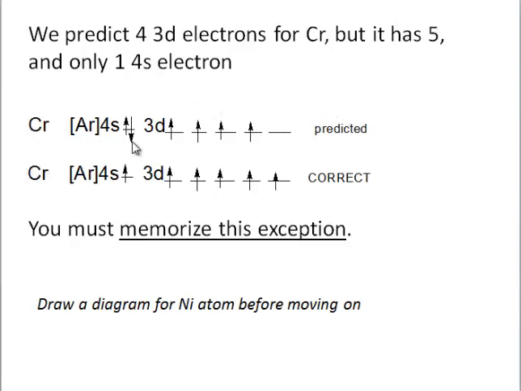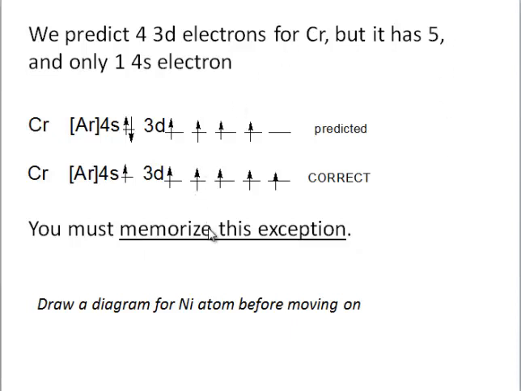An electron has been taken from here and put into the d subshell. Here is the correct orbital diagram for chromium. This is an exception to the rules, and you must memorize this exception. So again, chromium atoms are an exception to the rules for making orbital diagrams.